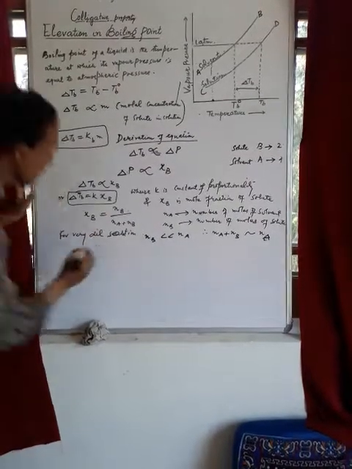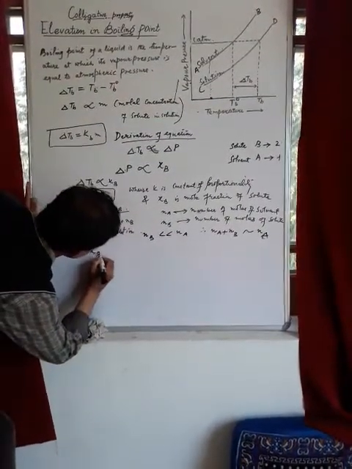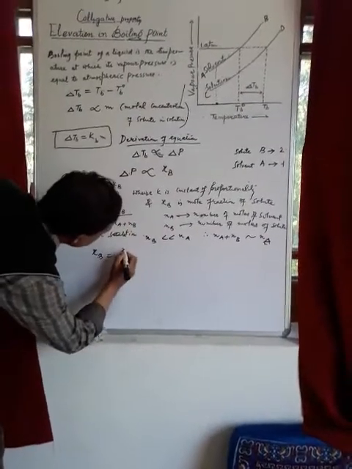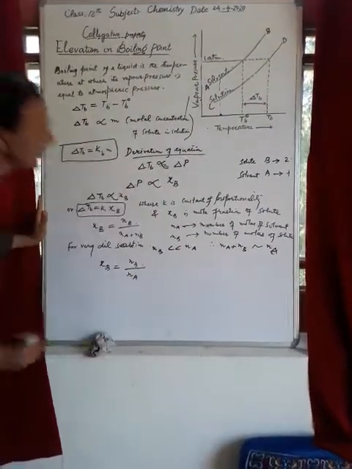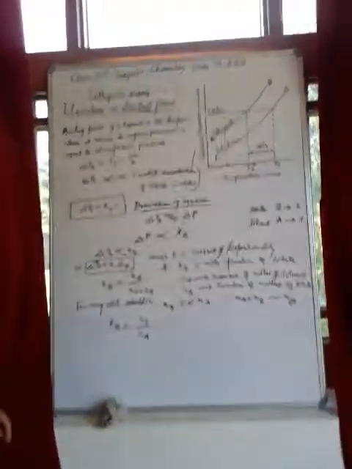So we can write here Xb is equal to nb divided by na.